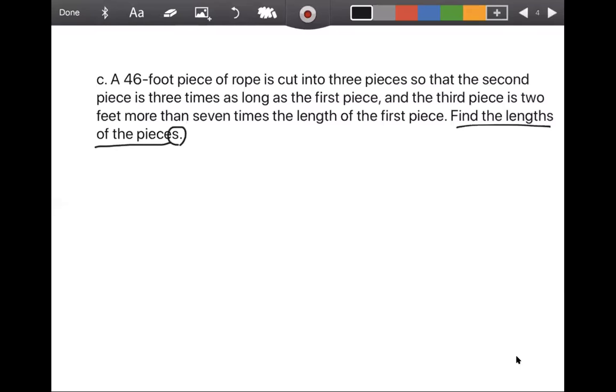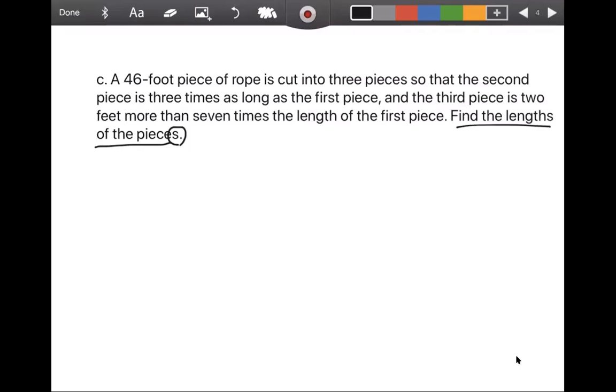And I'm emphasizing pieces because what you don't want to do is say, let X equal the lengths of the pieces. You see the problem with that? X is only allowed to stand for one thing, okay? And these pieces are not all the same length. I can tell that by reading the rest of the problem. So X can only stand for the length of one of the pieces.